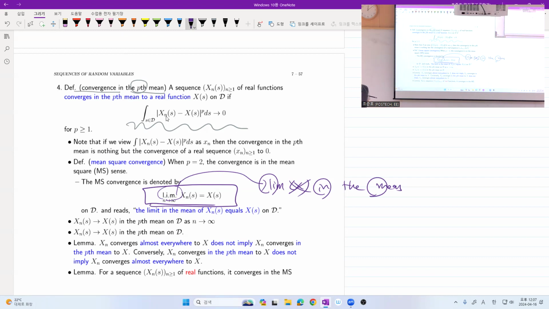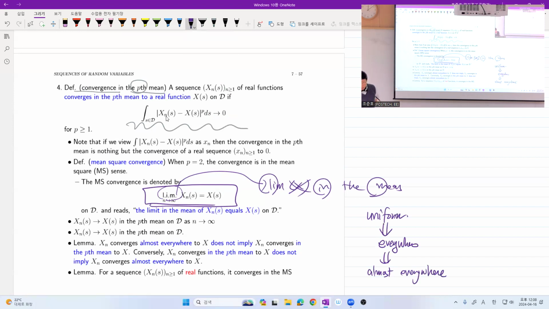Now, one interesting thing is this one. Now let me draw it here. Uniform convergence is the strongest, and this implies everywhere convergence, and this implies almost everywhere convergence.